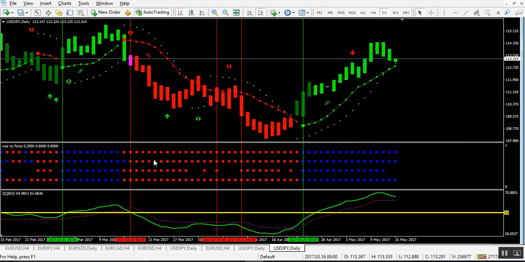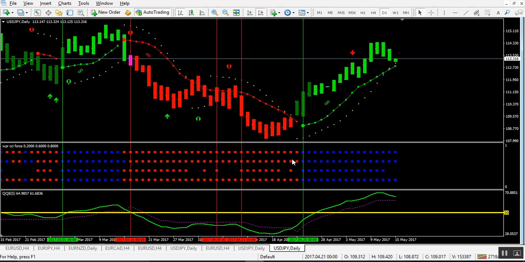Okay, let's look at this one. This is a WPR, CCI, and Force indicator. And these dots, these squares, just represent those indicators. The WPR trend up, WPR entry, there's a CCI trend up, and the Force trend up.